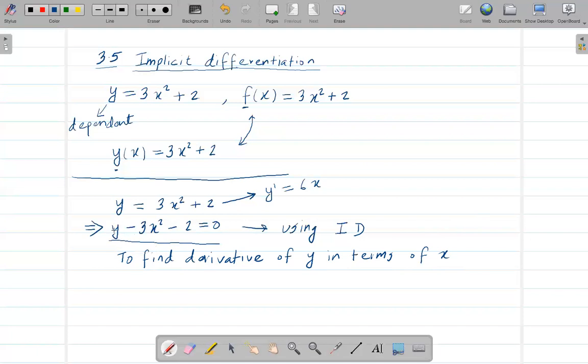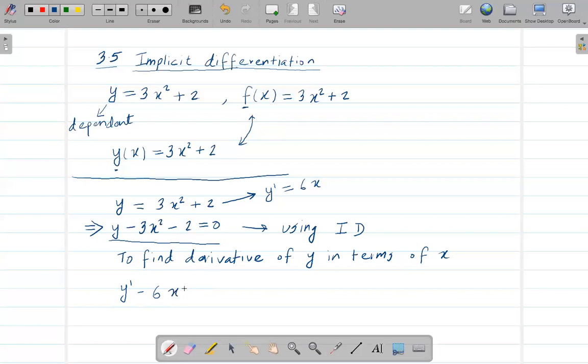So you will see I'm doing a similar thing. There is no difference here on these kinds of problems. So here I'll take the derivative of y, which will be just y prime minus 6, right? I have to take the derivative of all of these terms. So this will be y prime, this will be 6x, and the derivative of 2 is 0.